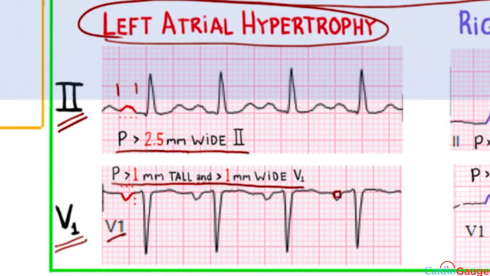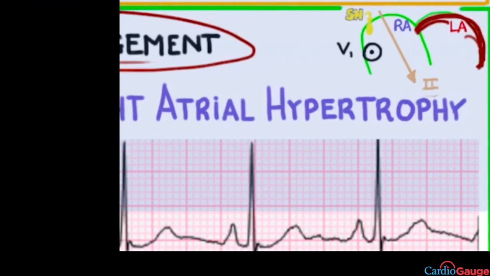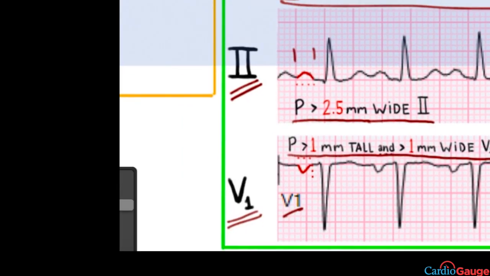But if it looks like a pretty big negative deflection in the P wave in V1, then that implies left atrial enlargement. The reason it's negative in lead V1 for left atrial enlargement is because if the left atrium is really big, then that portion of the depolarization is occurring in a direction away from lead V1, which sits about there. So also that happens in the second part of the P wave. This doesn't show it that great, but this P wave starts out a little bit positive, then it goes negative.